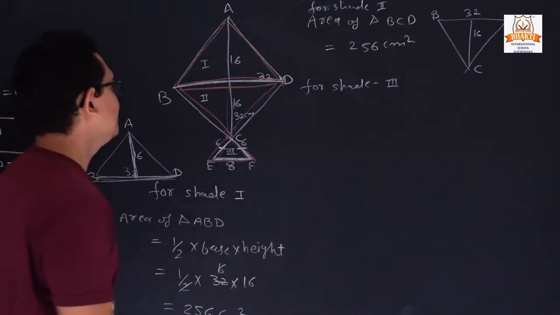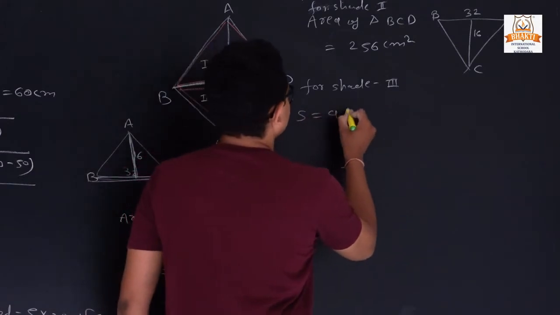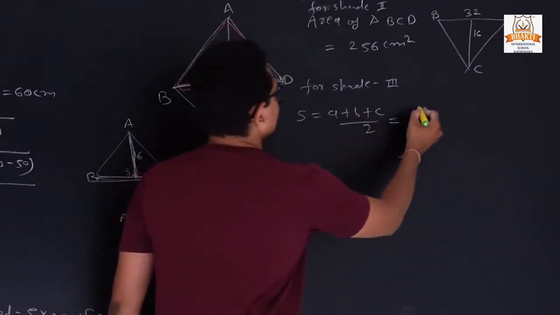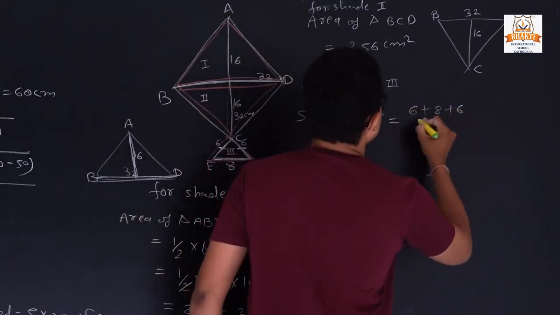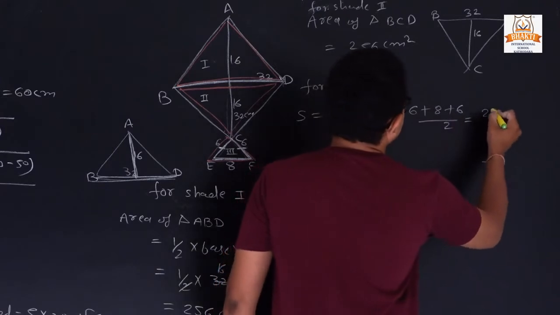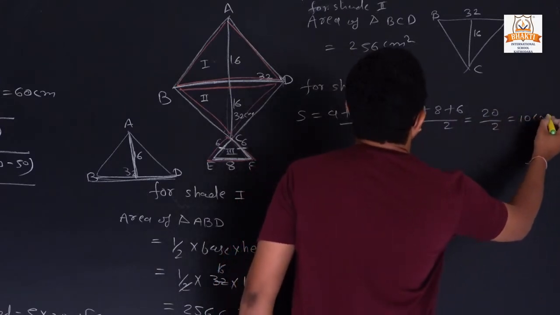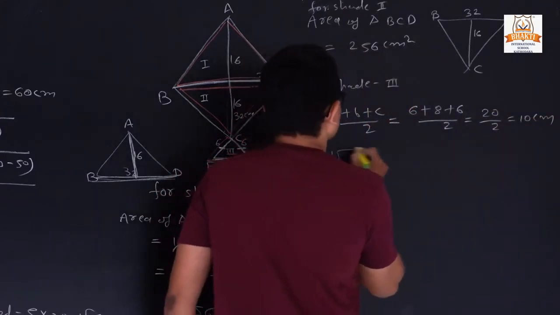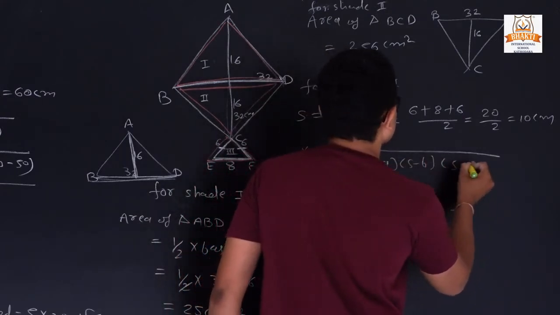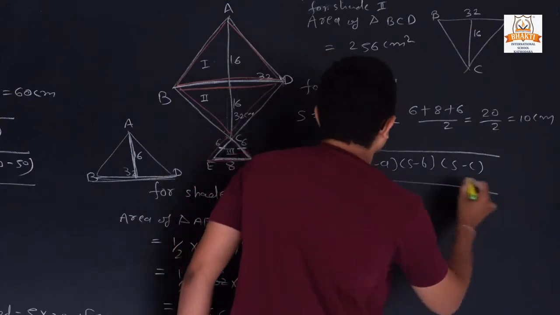Now for a shade 3, we are using Heron formula, because the all side having the different measurement, isosceles triangle. So for a shade 3, we can write A plus B plus C divided with 2. So what is S? 6 plus 8 plus 6 divided with 2. So 12 plus 8, 20. So it is 10 centimeter. Now S minus A, S minus B and S minus C. What is S?